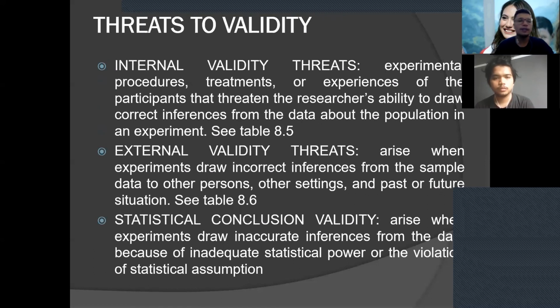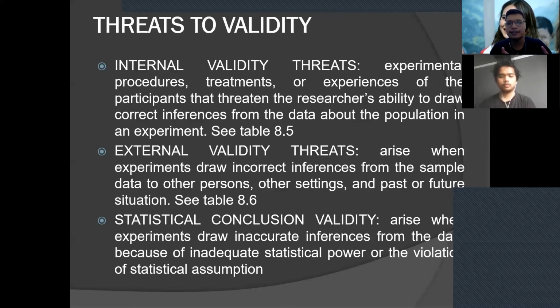And when we talk about validity, there are threats to validity. The first one is internal validity threats: experimental procedures, treatments, or experiences of the participants that threaten the researcher's ability to draw correct inferences from the data about the population in the experiment. We can see the internal validity threats in Creswell's book.